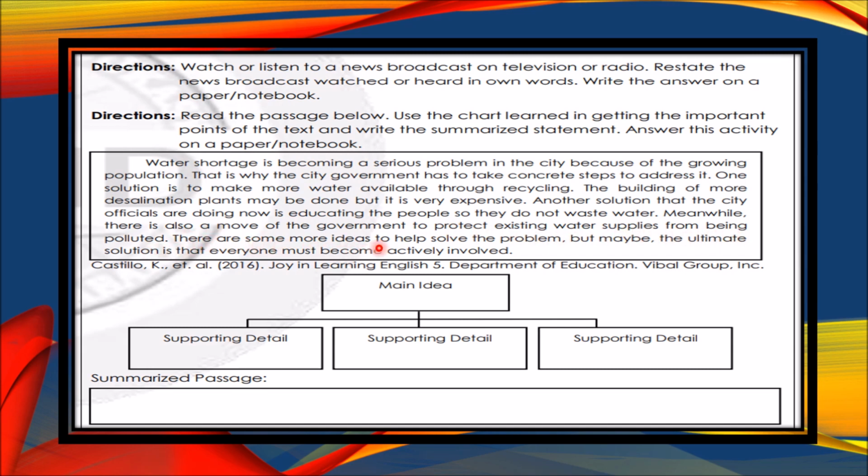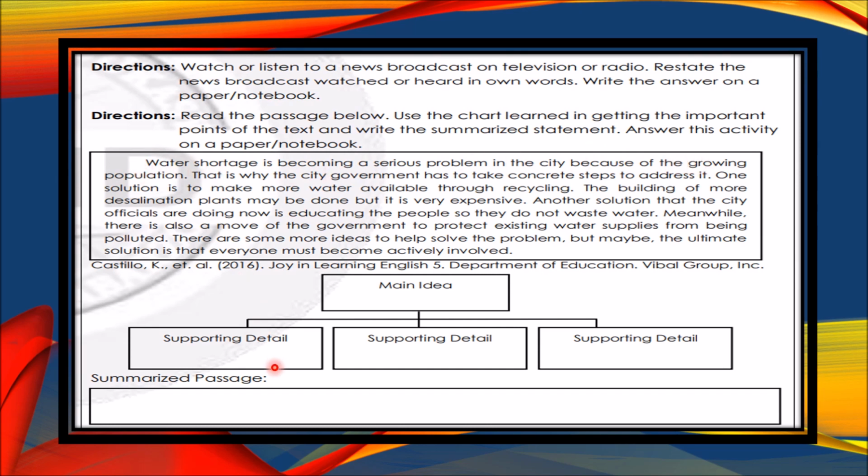There are some more ideas to help solve the problem, but maybe the ultimate solution is that everyone must become actively involved. So the main idea is about the water shortage becoming a serious problem because of the growing population. You can see the main idea here in the first paragraph.